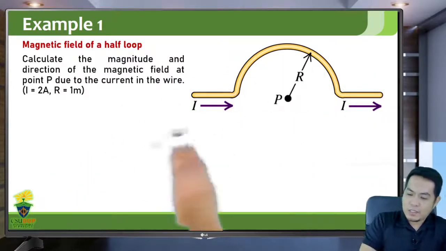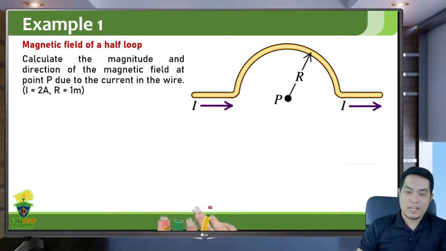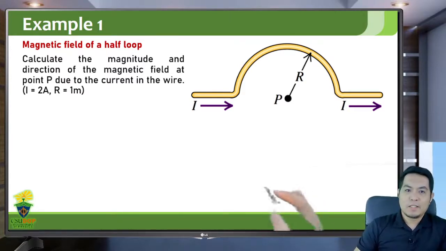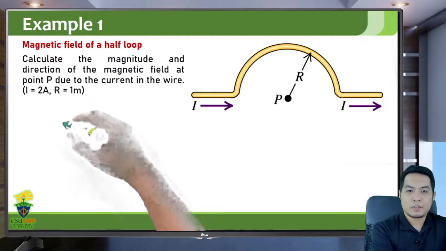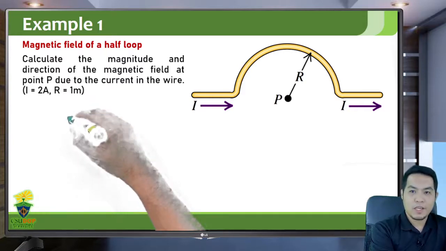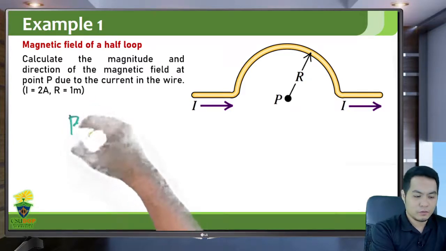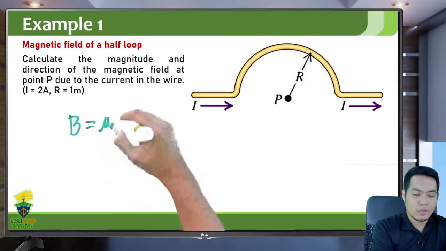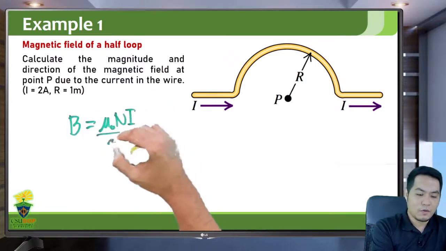Okay, so what's now the magnetic field of the half loop? It's very simple. B is just μ0 n I over 2a.